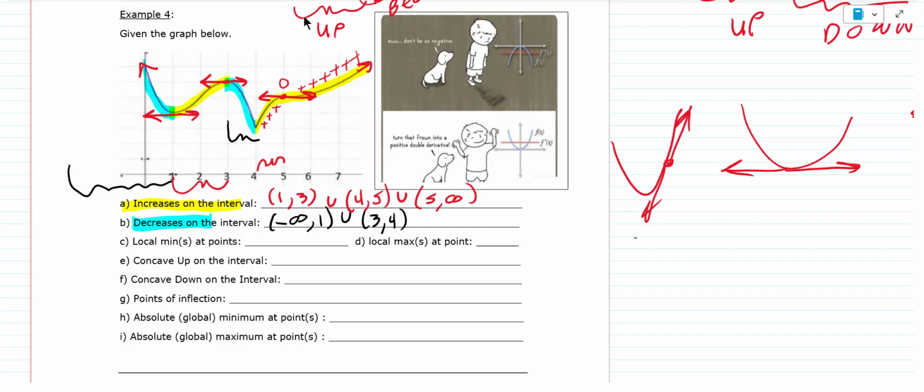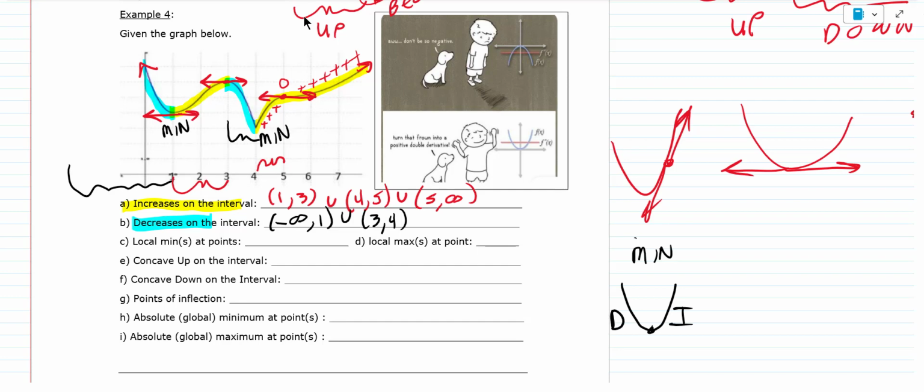Now we're going to look at local mins and maxes. A local min has to be a point on the graph where you decrease and then you increase. Are there any points on the graph where the graph changed from decrease to increase? How many points did that happen at? 2. Right here is a local min, and right there is a local min.